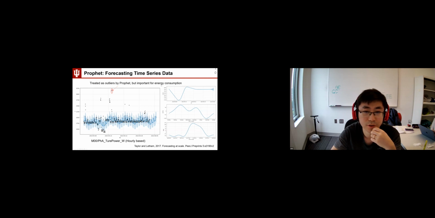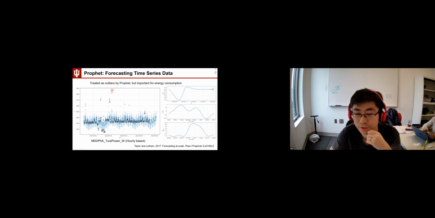This is important for energy prediction actually, but it is omitted by Prophet. Prophet can also give a daily and weekly periodicity of the energy usage.